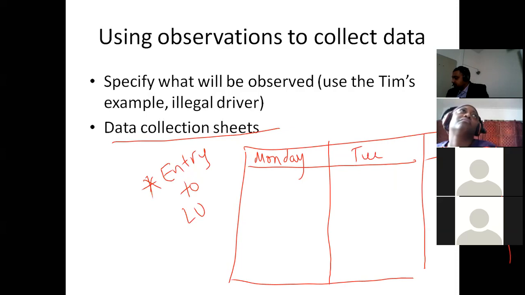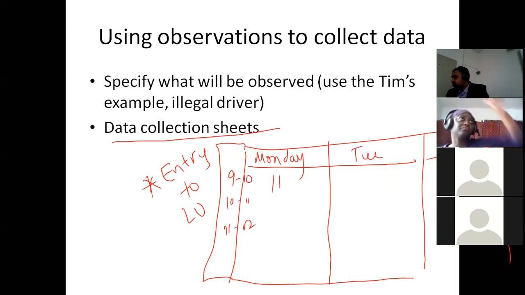And then you can have a separate box, picking different times, 9 to 10, 10 to 11, 11 to 12, and so on. And then you're starting to count traffic violations. Monday, you got 3, 10 to 11, you start seeing more.